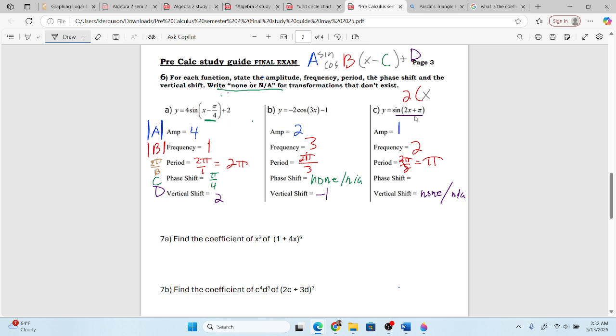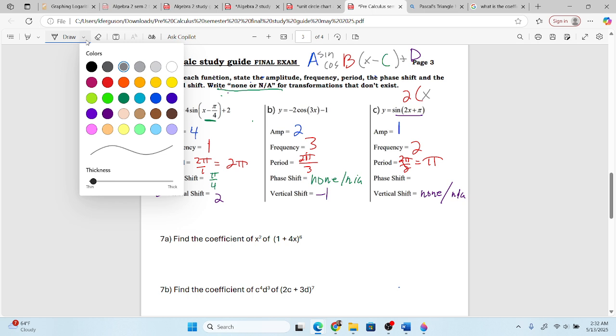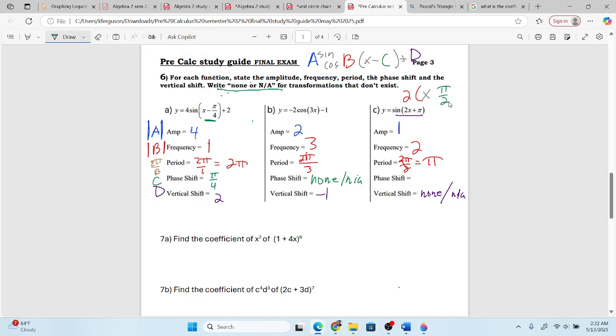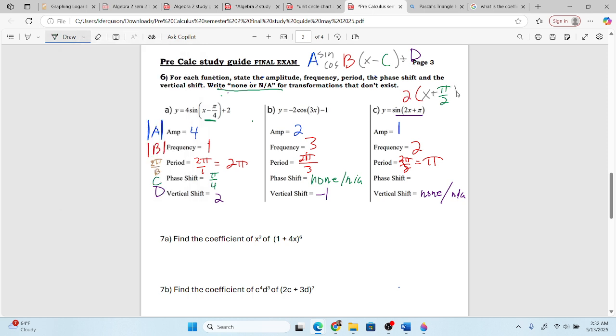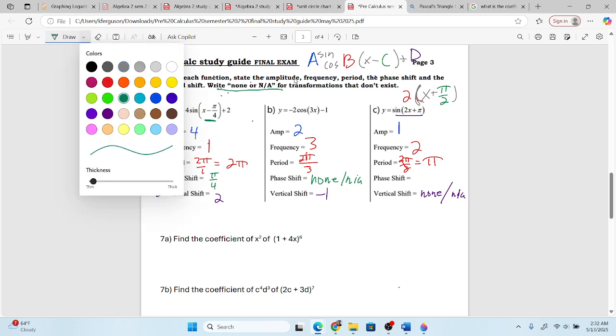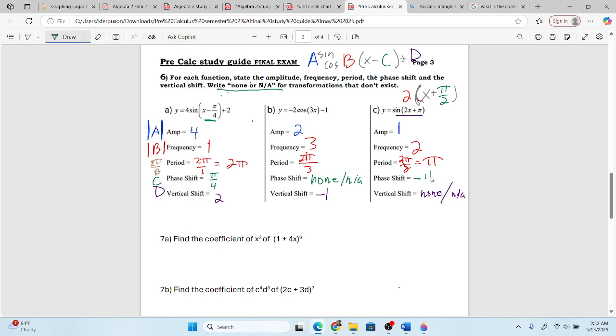Where's the 2? Because I got to divide out a 2. Well, there isn't one. So when I take pi and I divide out by 2, it's just going to be pi divided by 2. And so if it's x plus pi over 2, what's my phase shift? The opposite of what I see. So it's going to be negative pi over 2. So that's the tricky part.